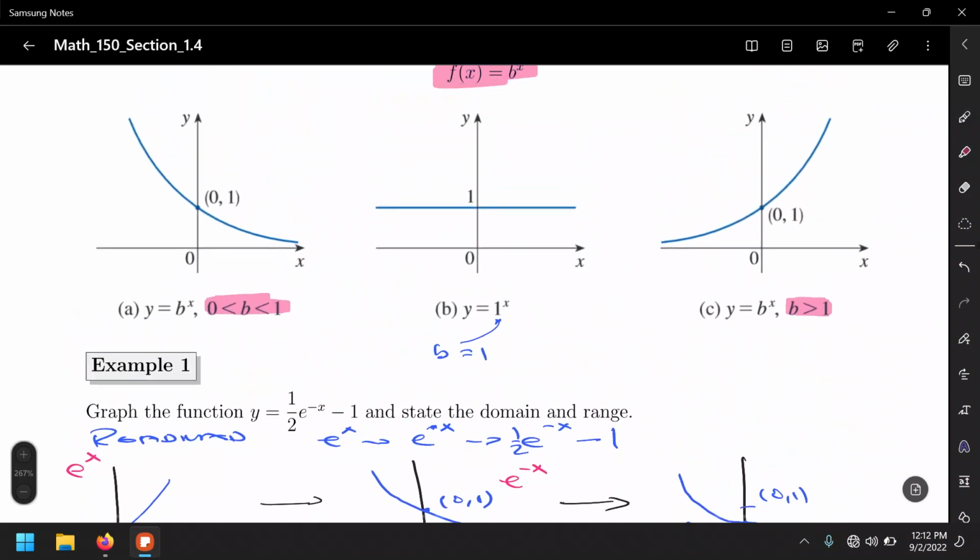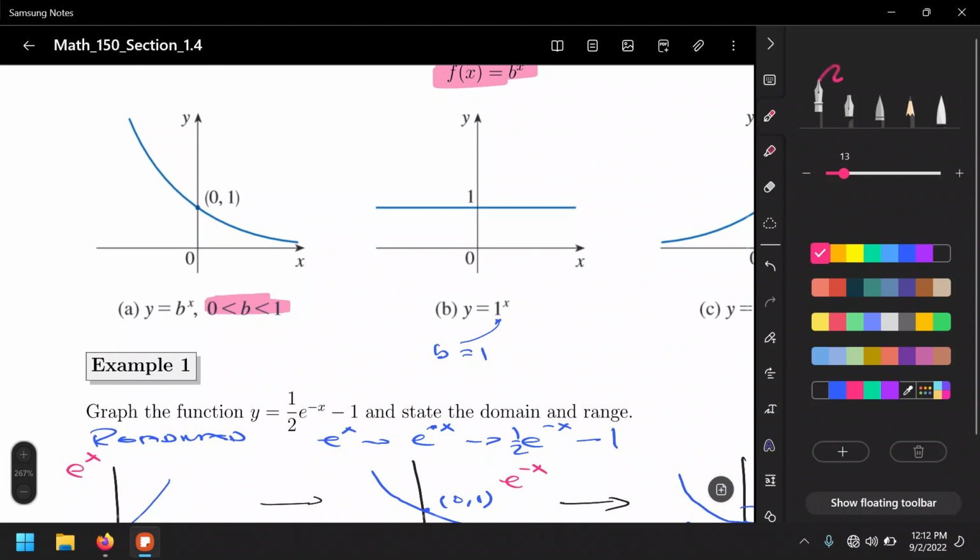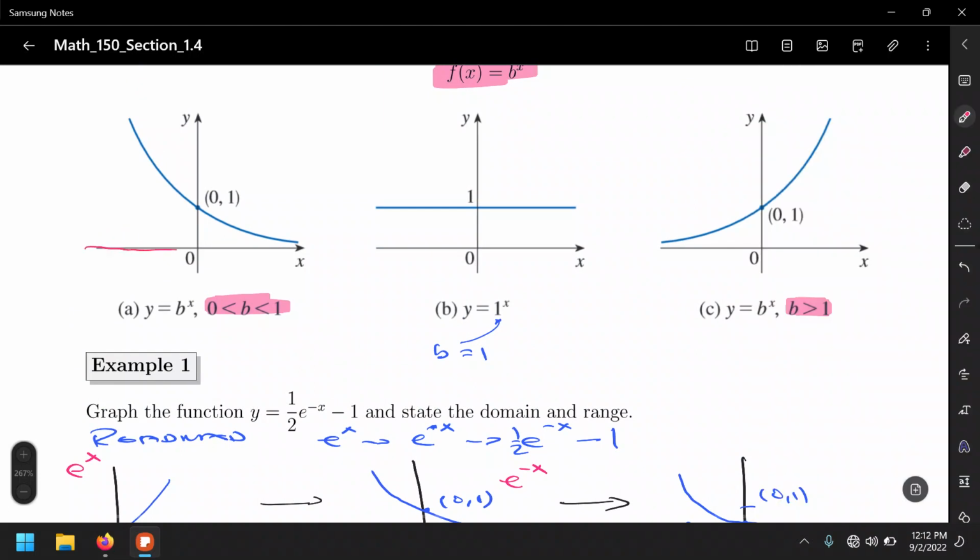These exponential functions have this horizontal asymptote at y equals 0. All right? So when it comes to decay, you can always think of a decay in a bacteria population.